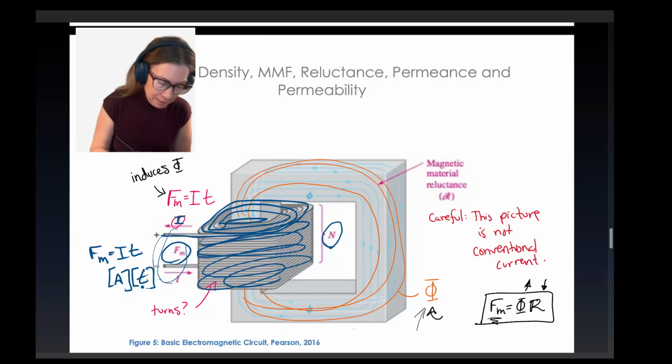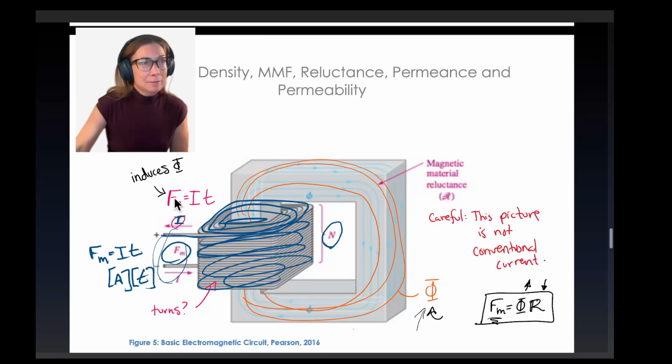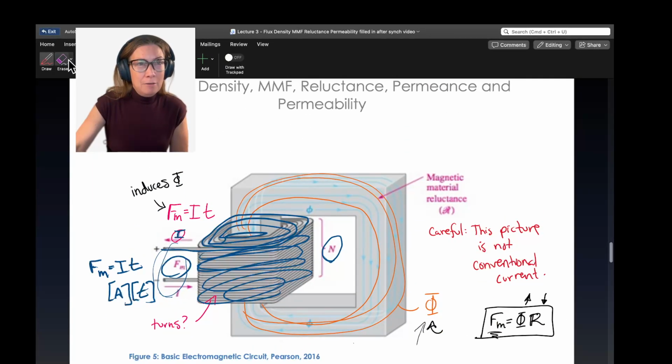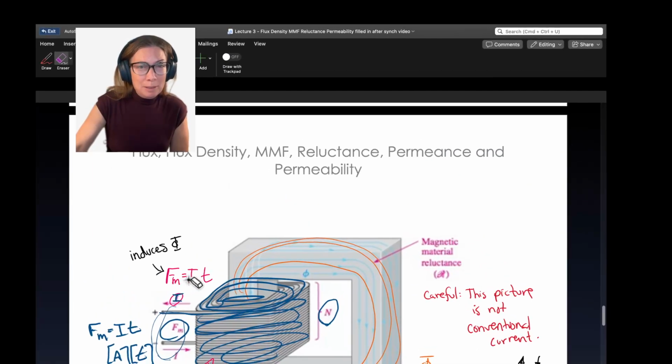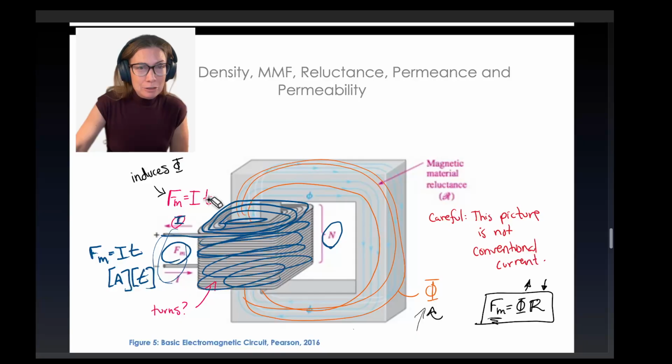Why did I say I T? It's not I T. It's I times n. I have a mistake here, and then I copied the mistake. It's not I times turns.